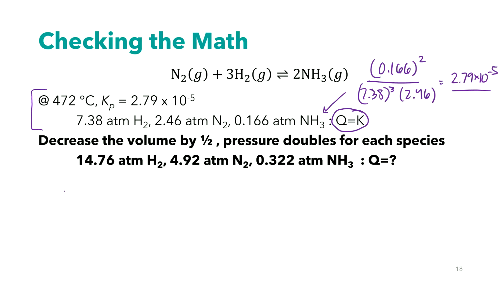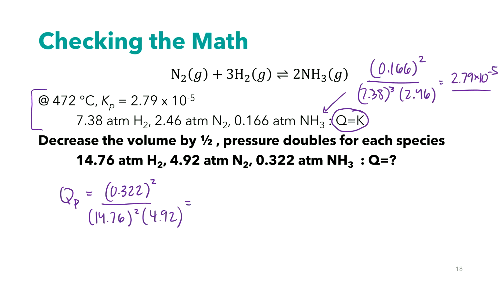All right, my new Q. Before, Q equaled K. Now, hopefully, you calculate something other than 2.8 times 10 to the negative fifth. I'm going to have 0.322 squared divided by 14.76 squared times 4.92.